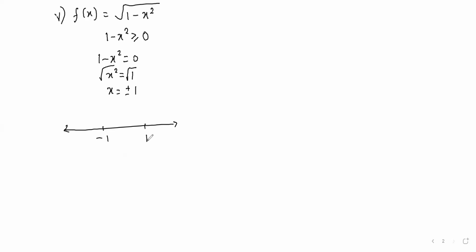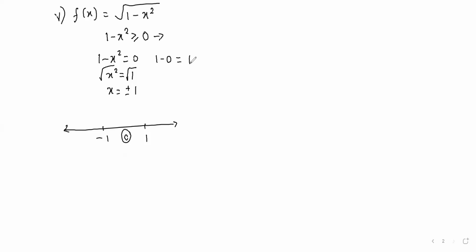So I can pick a number like 0, if I so wish, and substitute it in here. So I'll have 1 minus 0, and I'll get 1. When you get 1, we check its sign. Is it positive or negative? It's a positive one that we have gotten.